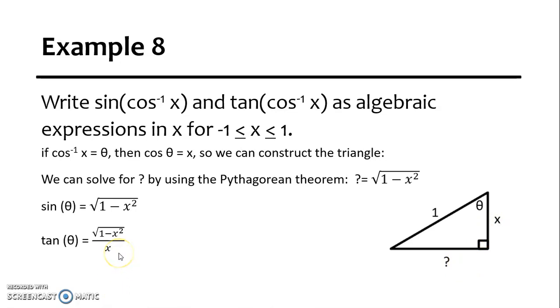And this doesn't need to be simplified. I mean, technically we could do rationalizing and bring the square root to the bottom, but it's not going to make it any simpler. I cannot actually do this square root. Yes, this is a difference of two squares, but it doesn't actually have a square root. So I have to just leave it like this. These are as simple as they get for this answer.